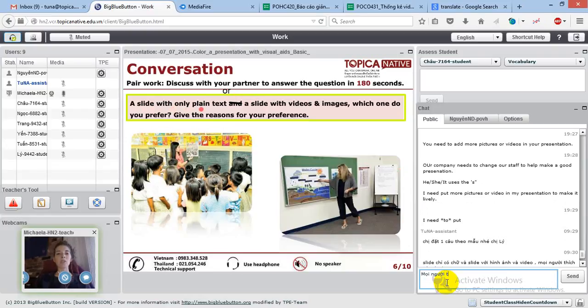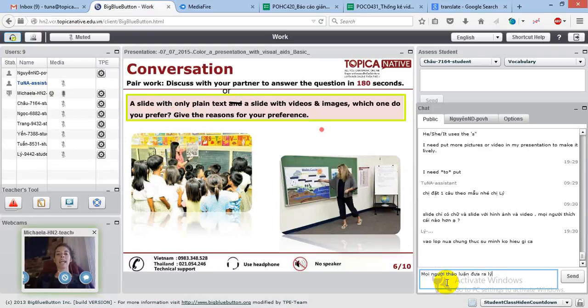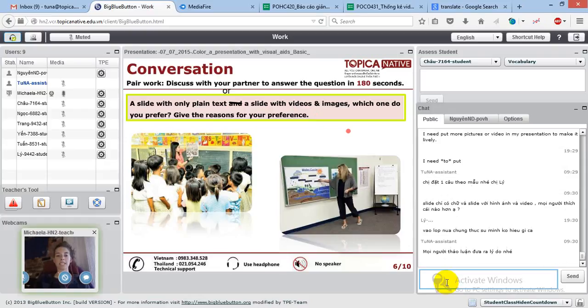A slide with only plain text or a slide with video and images. Which one do you prefer? Give the reasons for your preference.